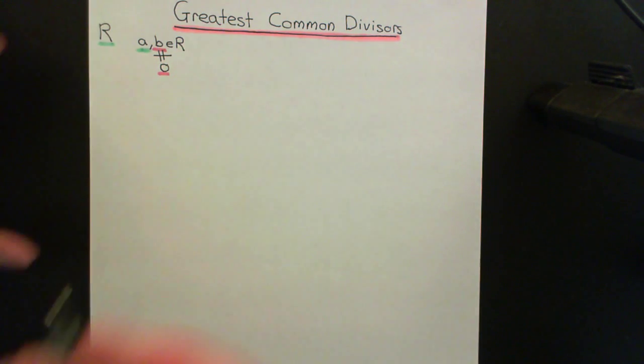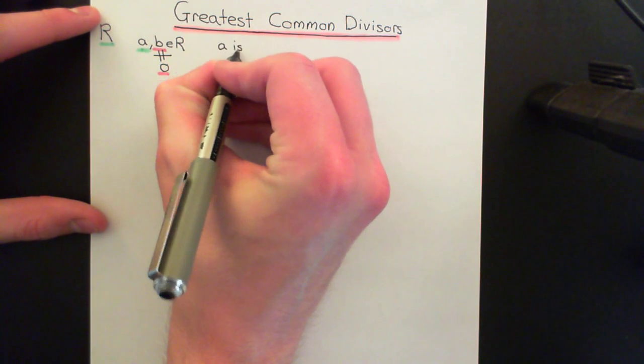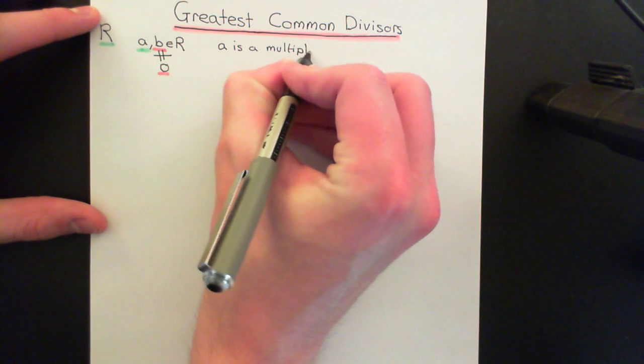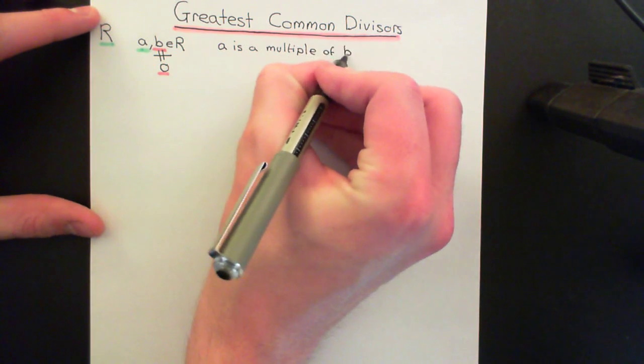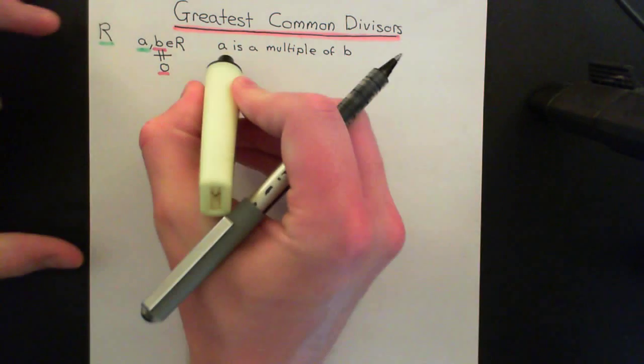Now what I'm going to define is what is meant by saying A is a multiple of B. I want to define what I actually mean by this. This is the rigorous definition.